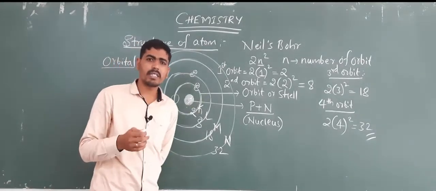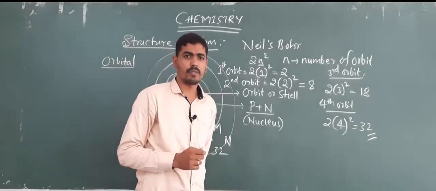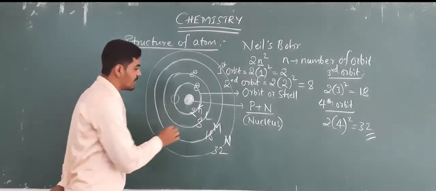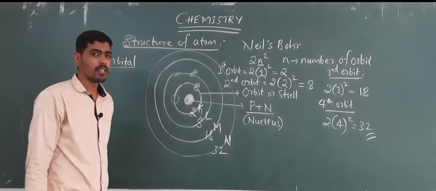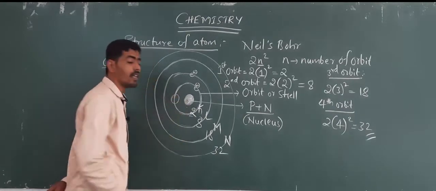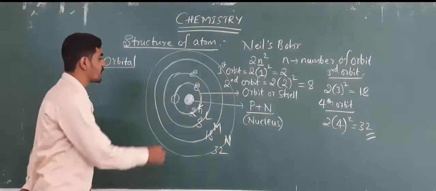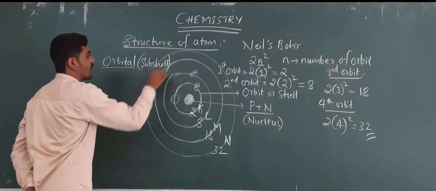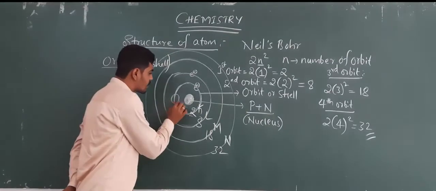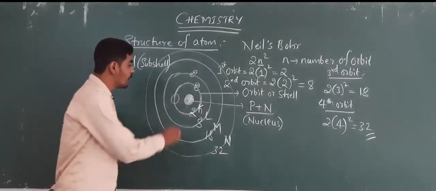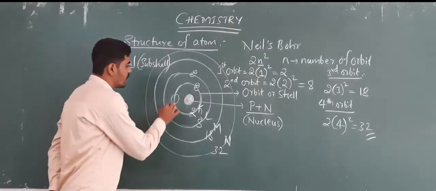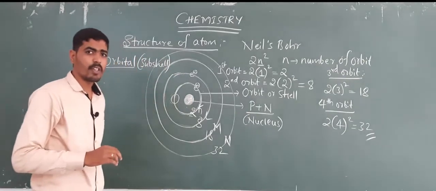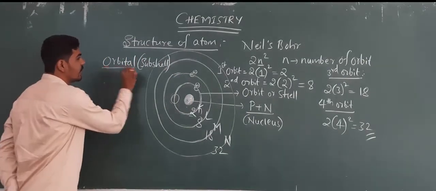And those orbitals are given different names. Here in this first shell, since there is a presence of 2 electrons, only one orbital is present, or you can call it a subshell, orbital or subshell. Why is there only one orbital here? Because the maximum capacity of an orbital or subshell to hold electrons is 2.